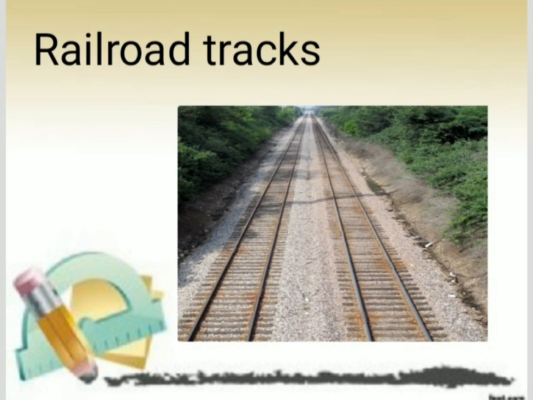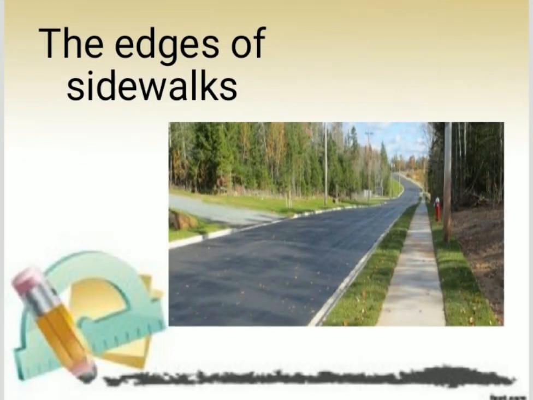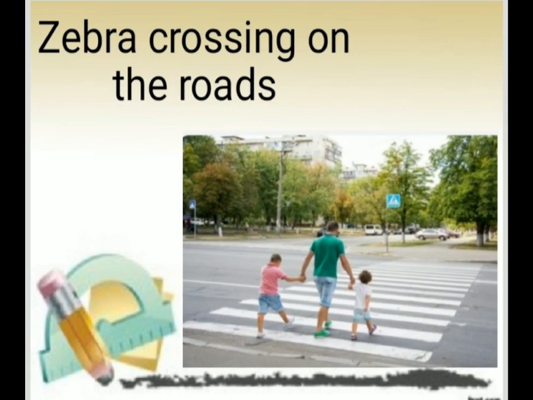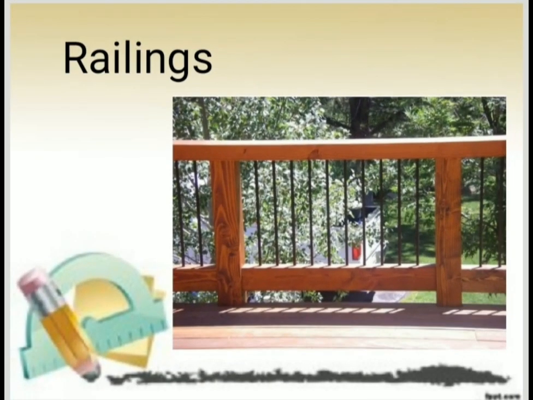Railroad tracks. 2. The edges of sidewalks. 3. The markings on the street. 4. Zebra crossing on the roads. And 5. Railings. So let's proceed to the polygons.